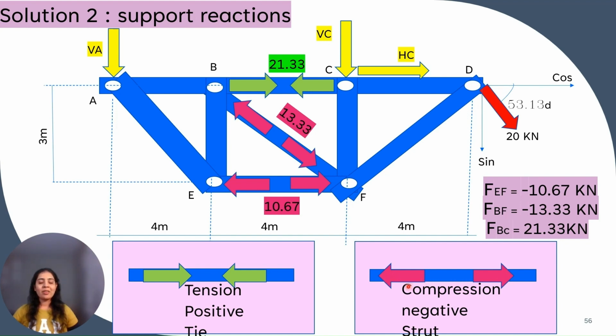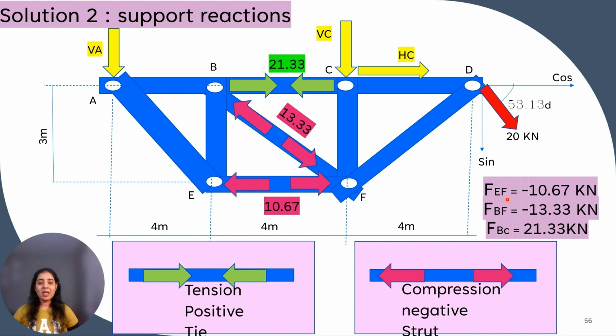Here, while solving the problem, we have assumed forces as tensile, but for members EF and BF we got a negative answer.